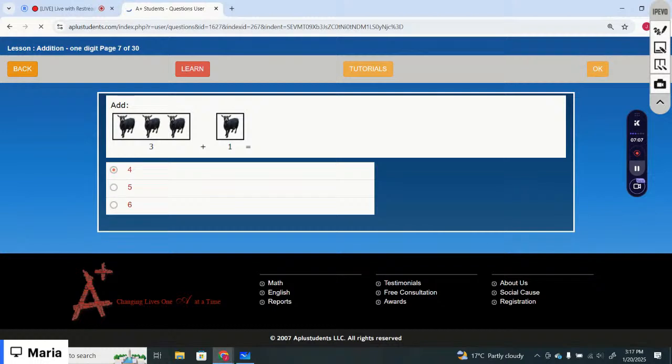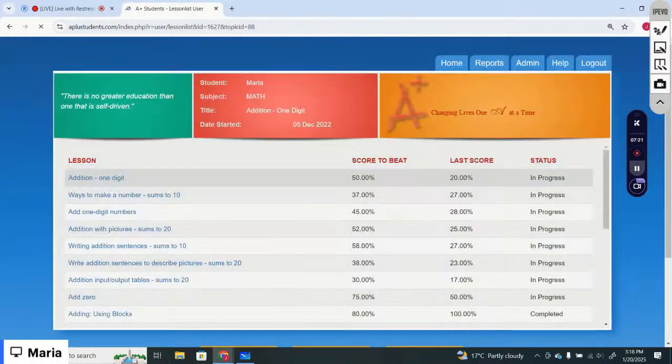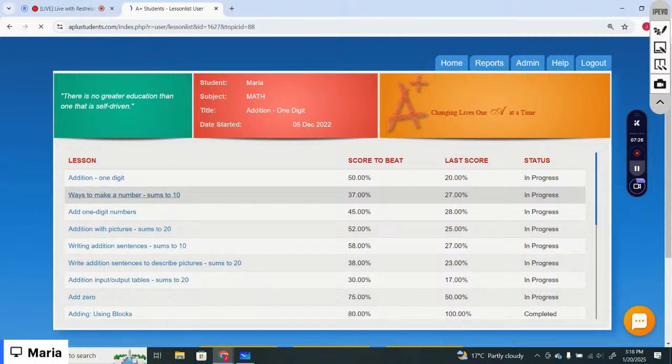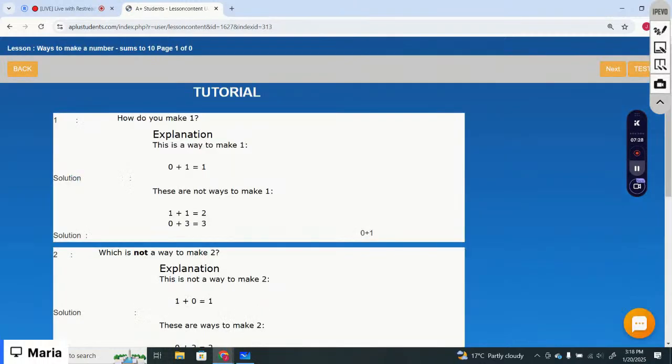The next lesson is ways to make a number sums to 10. How do you make one? So you are given more than one option, right?